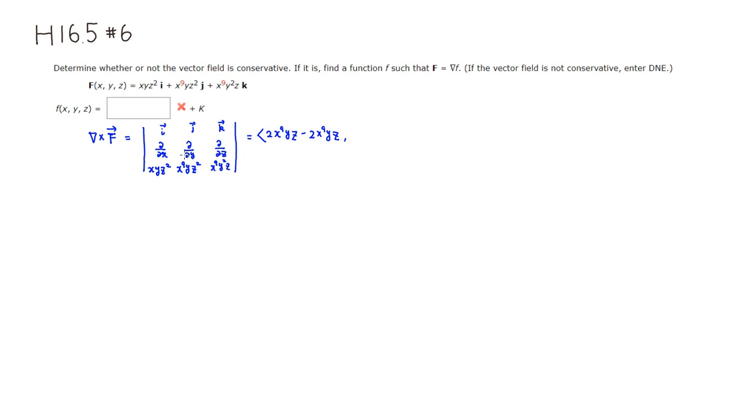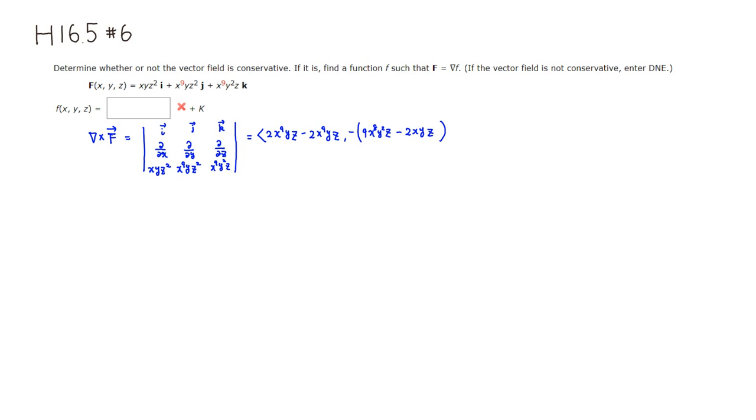The second component is the negative of the partial of this with respect to x, so 9x to the 8th y squared z, minus the partial of this with respect to z, which is 2xyz.